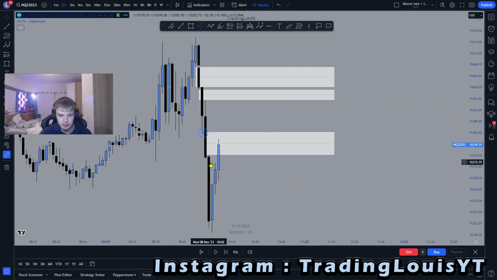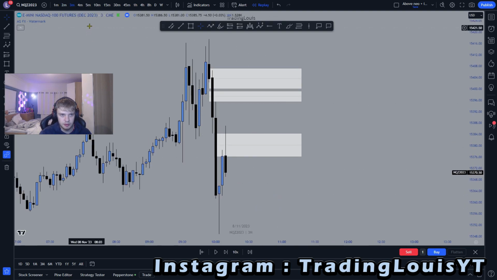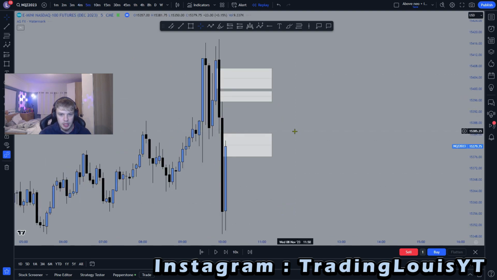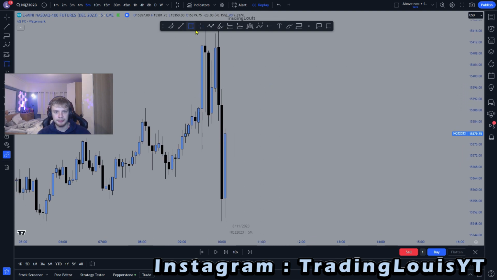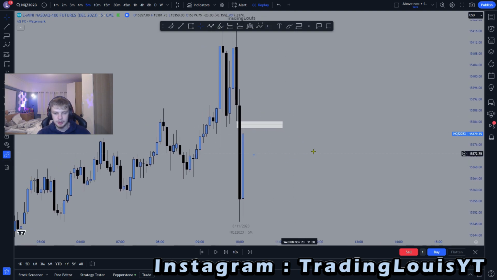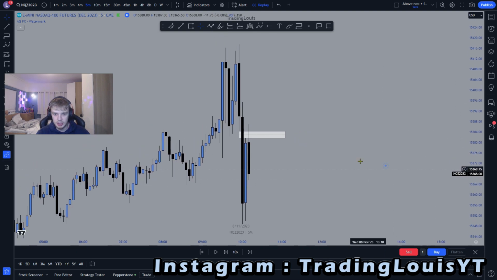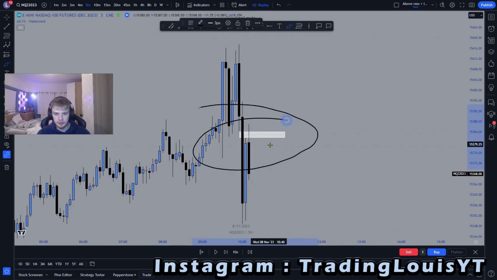On the 2-minute we have lots of fair value gaps. 3-minute, we have lots of fair value gaps. 4-minute, we also have lots of fair value gaps. But on the 5-minute, we only have this one fair value gap. We don't have any other fair value gaps. So what would be the fair value gap that I'd be most interested in? It would only be this fair value gap here.